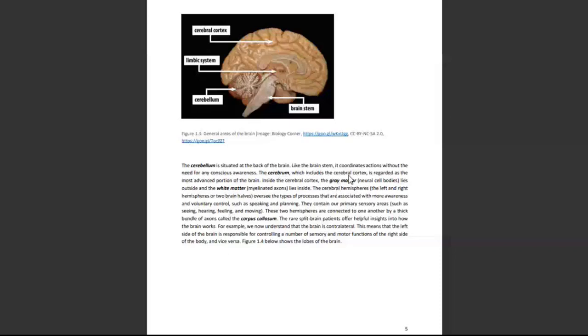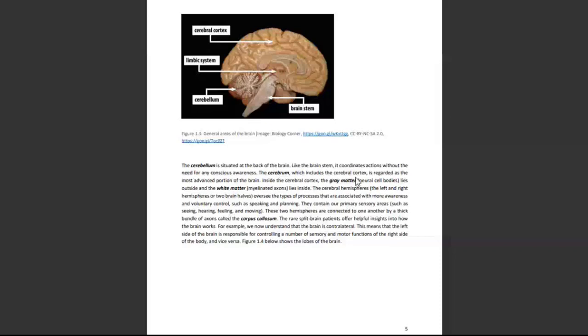Neural cell bodies: we have the gray matter lying outside, and the white matter. So let me repeat this. Inside the cerebral cortex, we find the gray matter. Then we have the white matter. Now, let me do this.